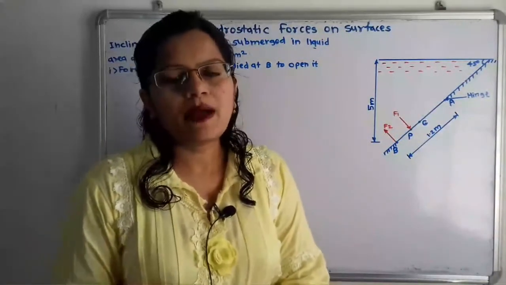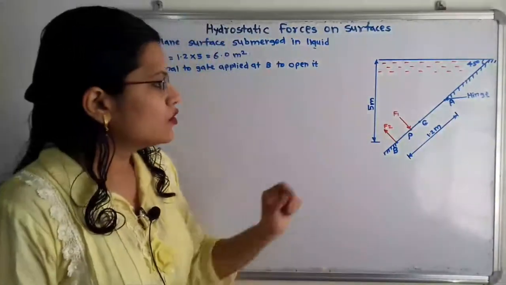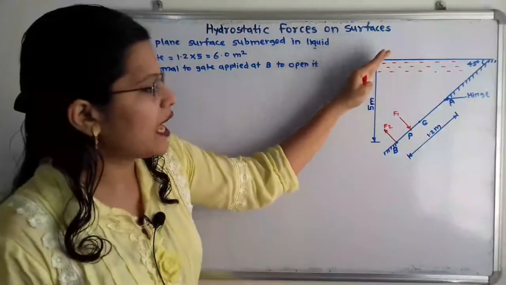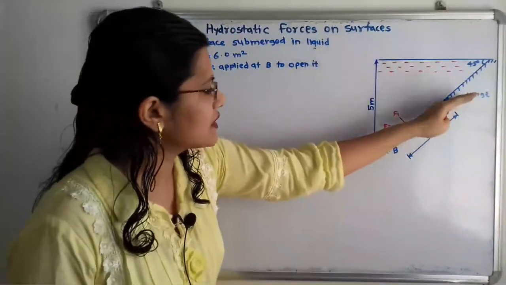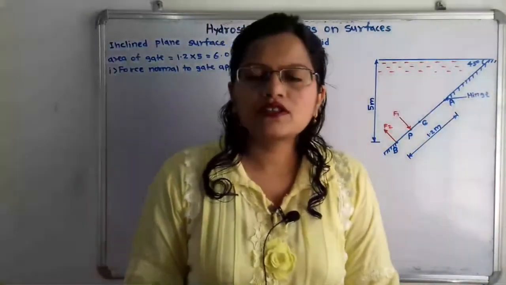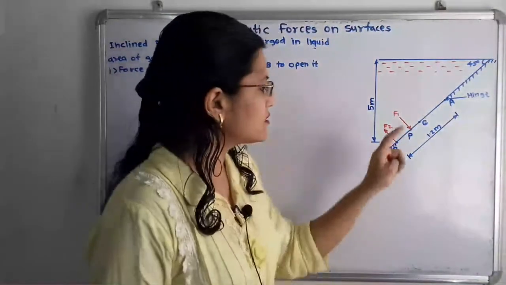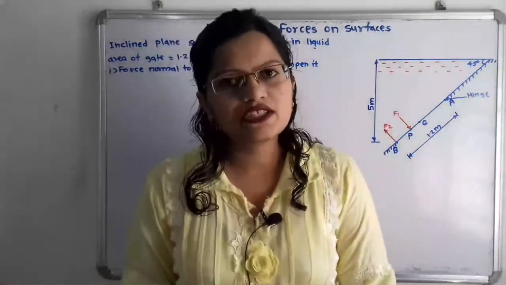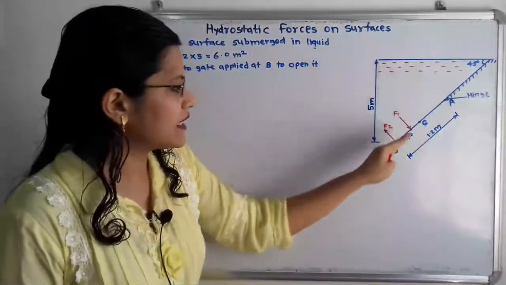So how to balance this force F2? Because of the water, there is a force applied by the water on the gate AB. First we have to find the total force F1, or the total pressure applied by water on this gate AB.